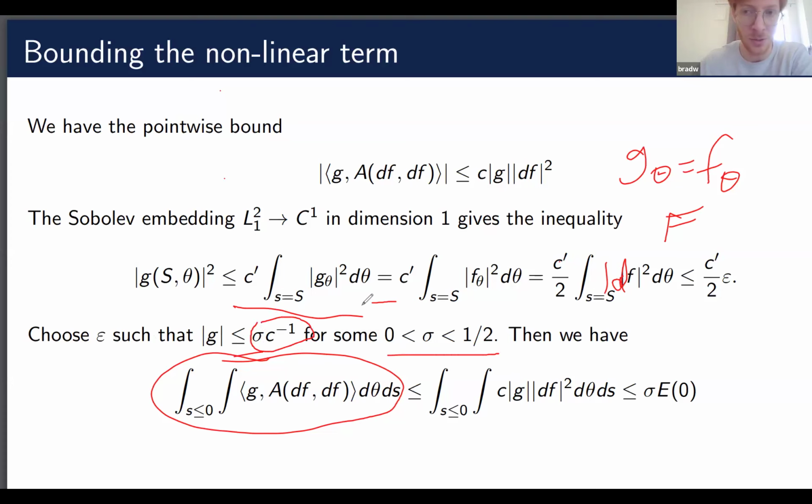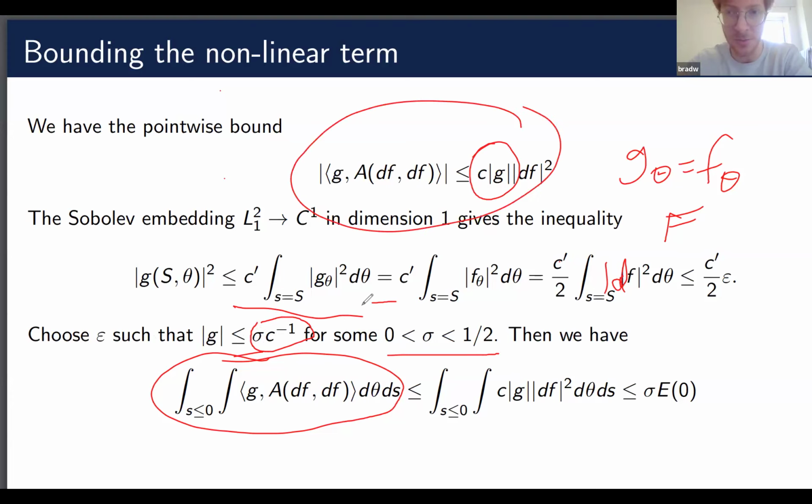This is just so that we can bound this quantity up here by sigma. And that's exactly what we do. Down here we have the term we want to bound, and plugging this in, we have just sigma times the total energy.